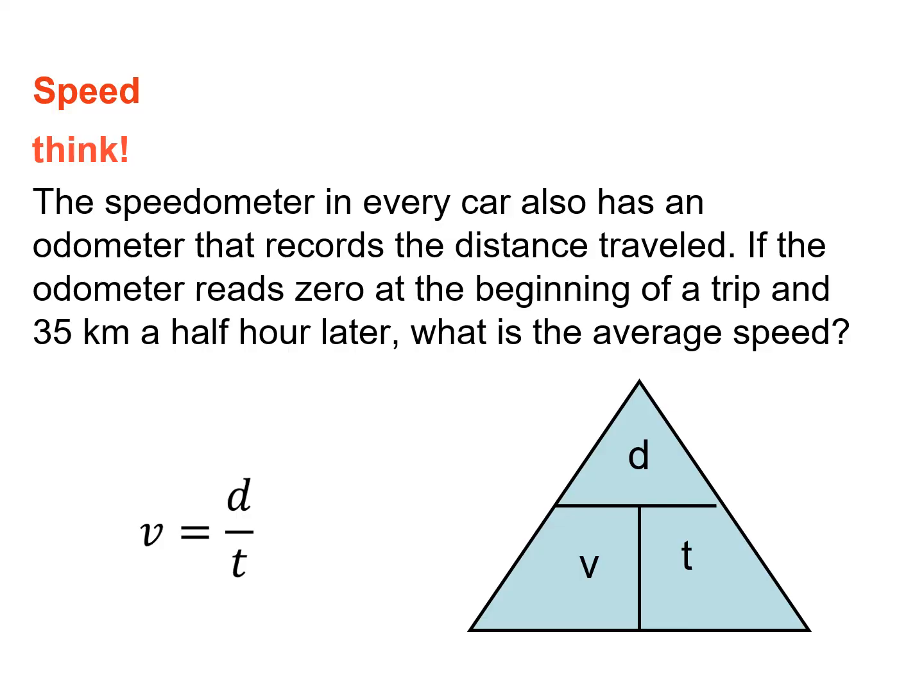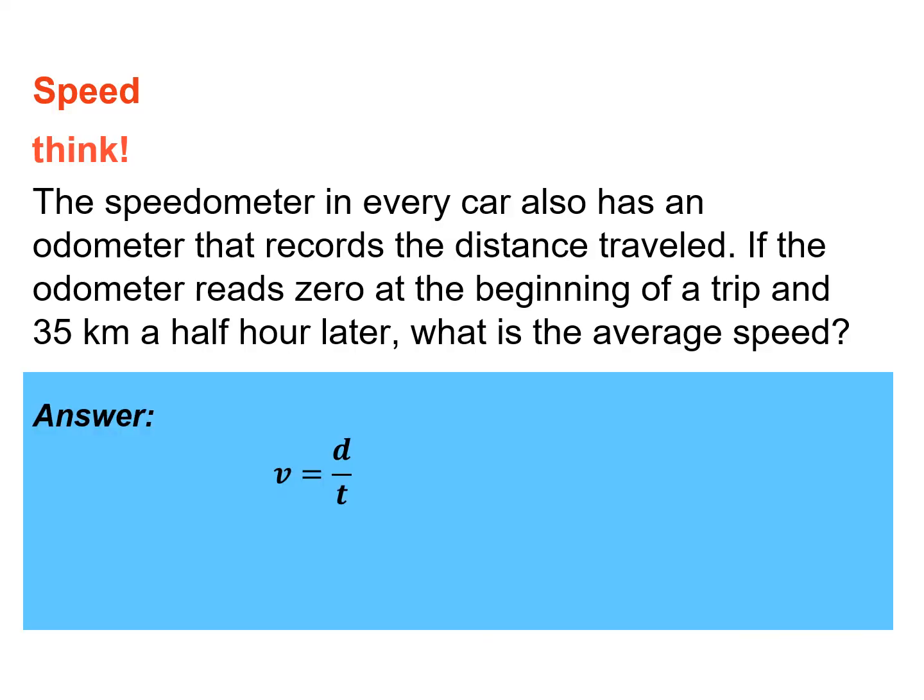We can say this equals 35 kilometers and 1/2 hour. I put 0.5. Put that in your calculator in case you can't do it in your head. The numbers give you 70, but the units give you kilometers per hour. So the correct answer is not 70, it's 70 kilometers per hour.